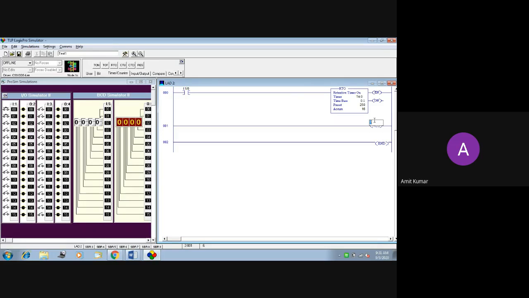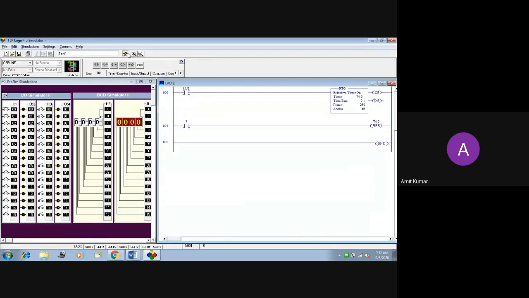On another line, you have to add a reset. In the reset, you need to specify the timer and then the condition for it. Here I am using the done bit.